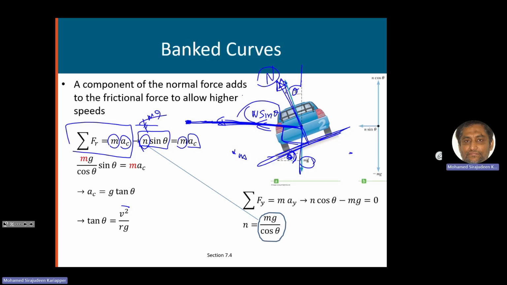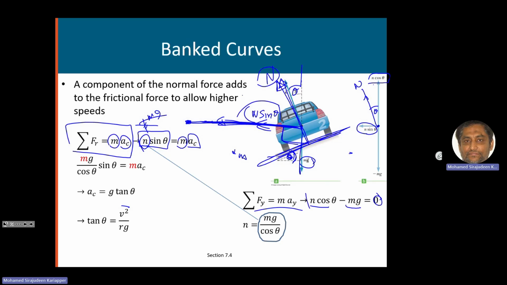Because look here, so this is a free body diagram. You have the N like this, but its x component is N sine theta, because this is the angle theta, and the y component is N cosine theta. So if you apply Newton's second law in the vertical direction, it is not N which is balancing with mg, it is N cosine theta which is balancing with the mg, and the acceleration is zero.